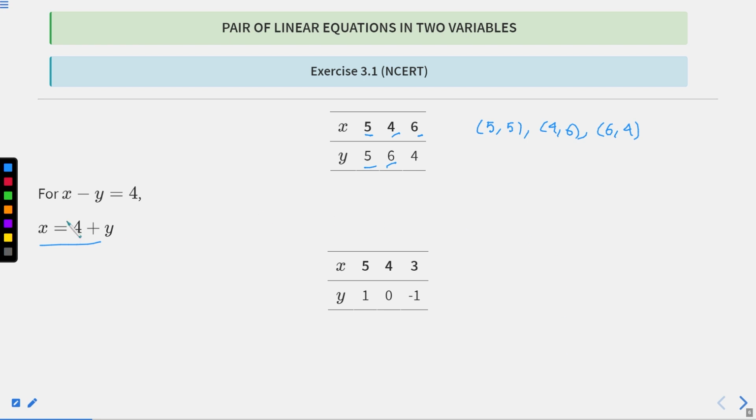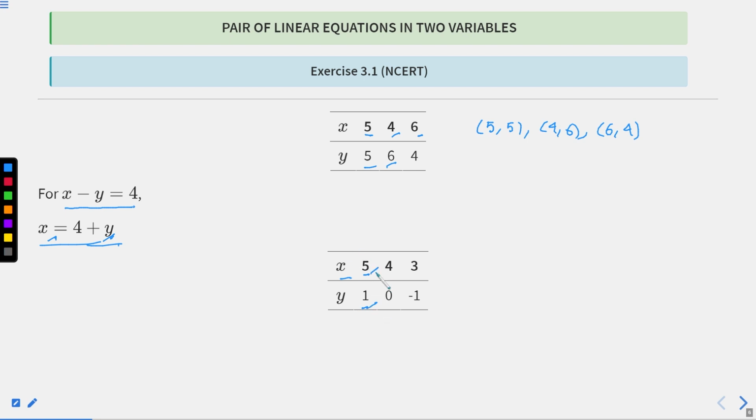Okay. And for x minus y equal to 4, here we can write the variable x in terms of y as 4 plus y. Okay, and here for y equal to 1, we get the value of x is 5.